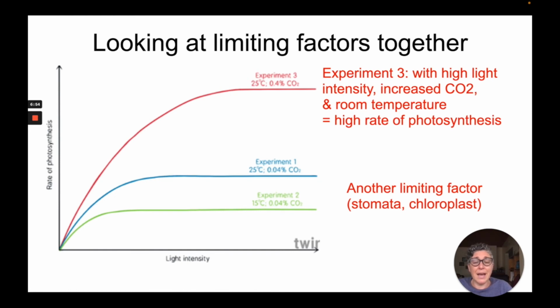It could be that the plant cells have low numbers of chloroplasts in them, so therefore photosynthesis will not increase beyond a certain point. So this is how we look at limiting factors. If a line plateaus, there is something else that is limiting the increase in the rate of photosynthesis.